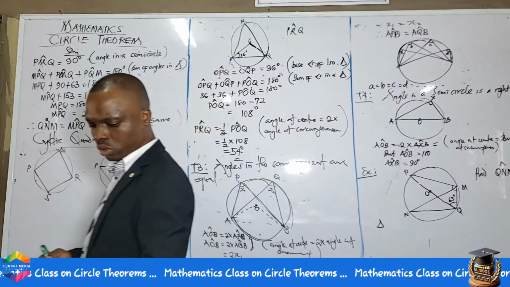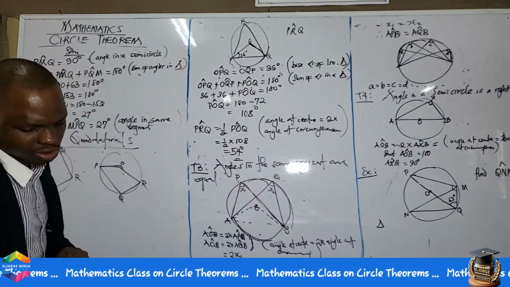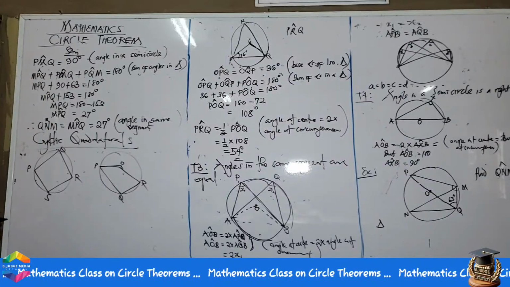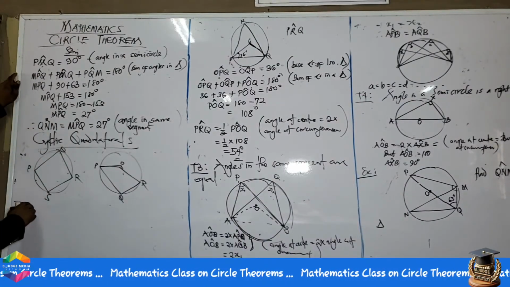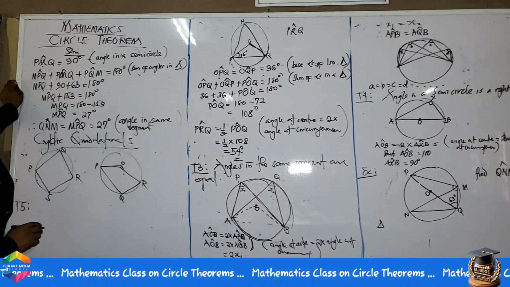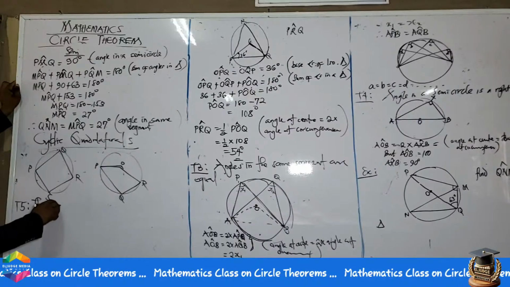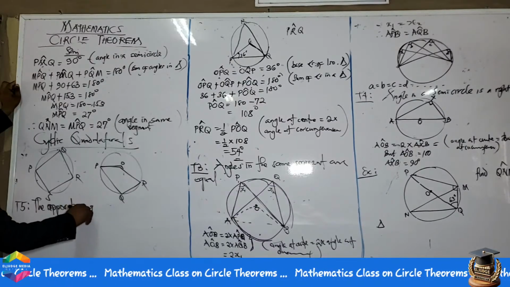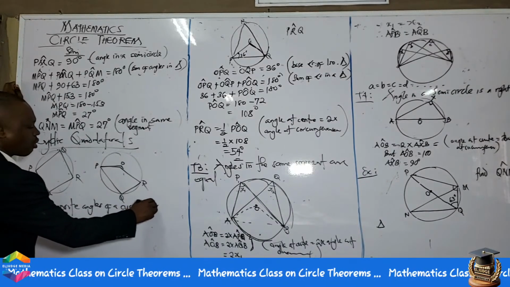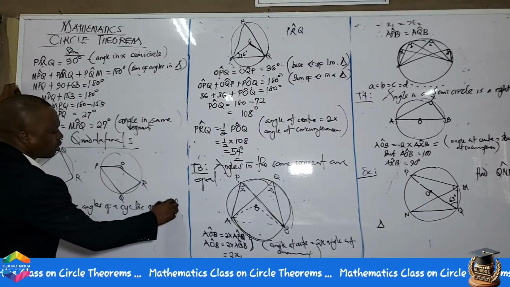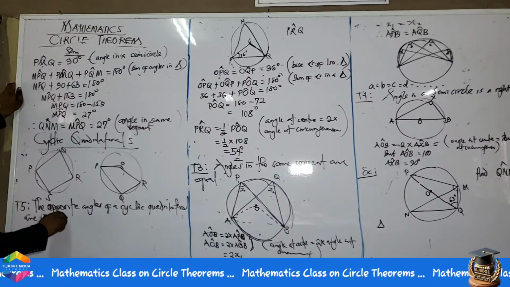And so when we are dealing with cyclic quadrilaterals, we have to note that opposite angles of a cyclic quadrilateral are supplementary. So we can say this is theorem 5. How do we put it? The opposite angles of a cyclic quadrilateral are supplementary.